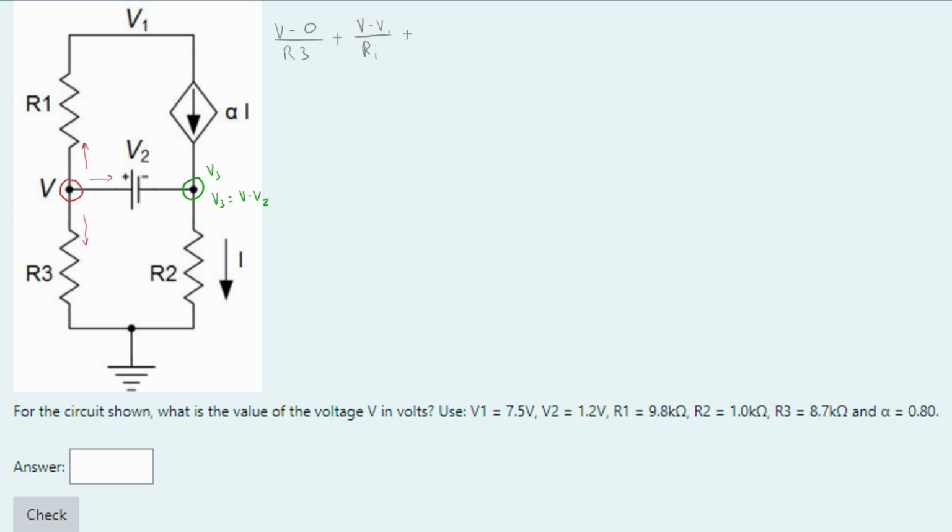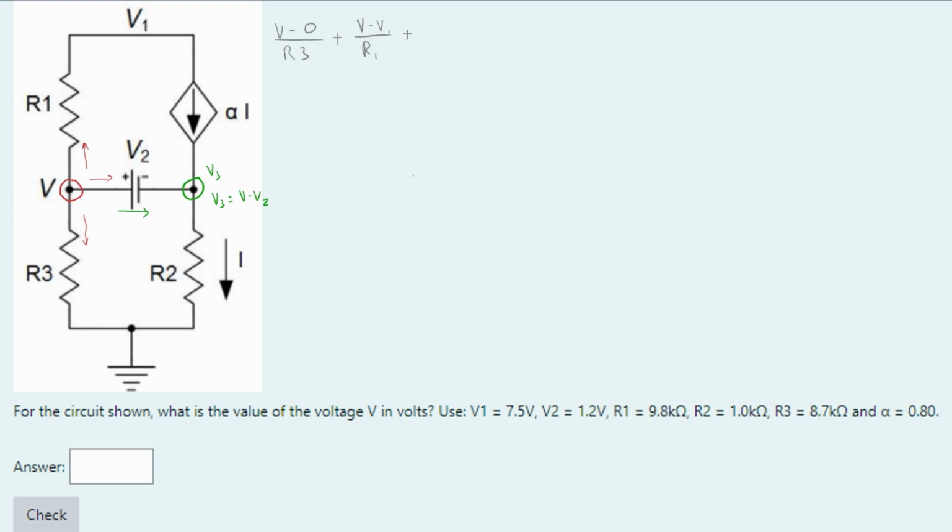Because whatever voltage is here is going to be this voltage minus this voltage, since it's going in like this. Now, if we had a plus minus and the voltage was going in this direction, we would just add them together. So this would turn into a plus if it was like this. But it is a minus because the voltage is like this.